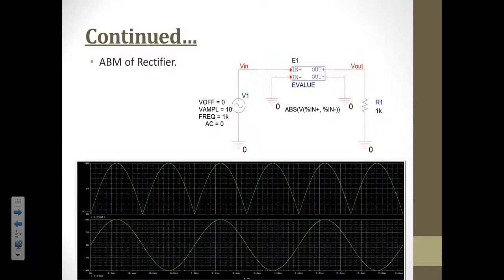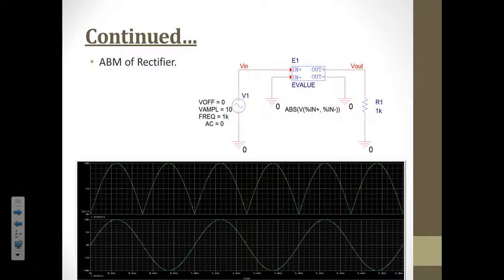Now we can also model a rectifier using ABM, which is really a basic part of any circuit, and we know how a rectifier performs its operation. If we look at the curve, the output that we get from a rectifier, we can notice that all the rectifier is doing is calculating the absolute value of the input AC signal.